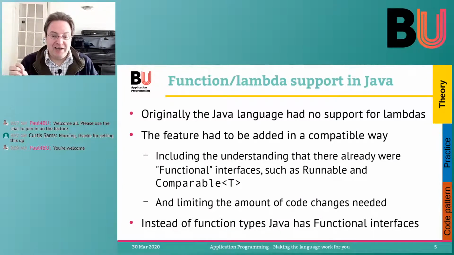You cannot create a type for functions in general, but it does have functional interfaces that can take that place to some degree. And there's a lot of built-in ones as well if you want to use those. And it's not as neat and tidy as Kotlin's function types are.